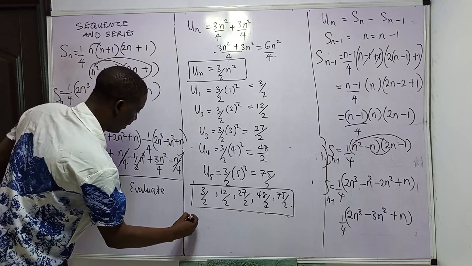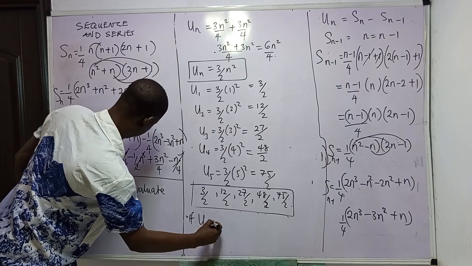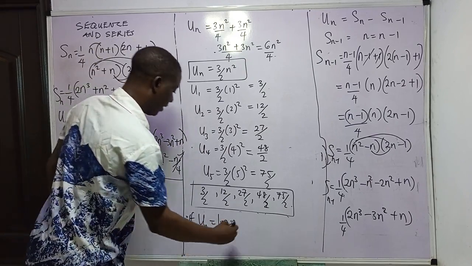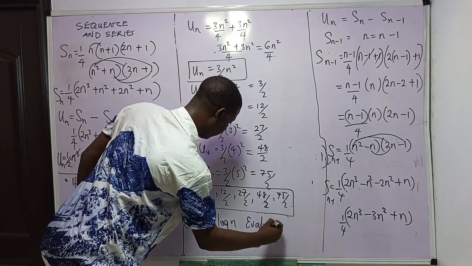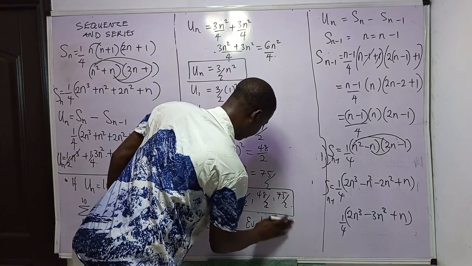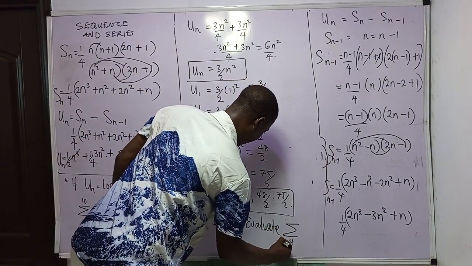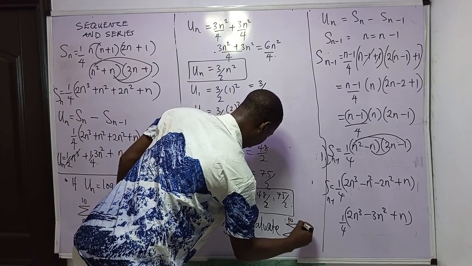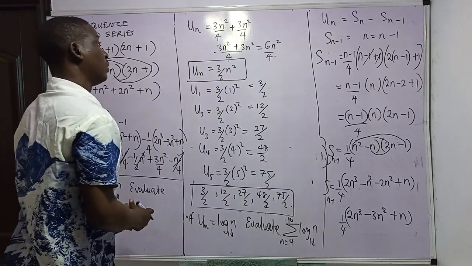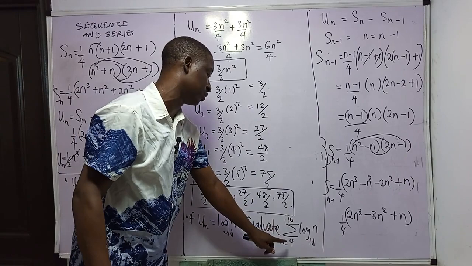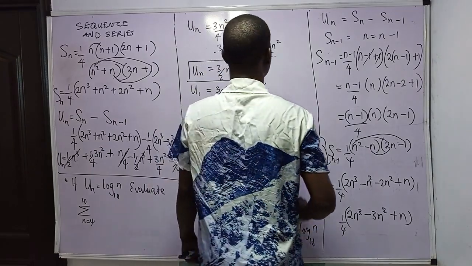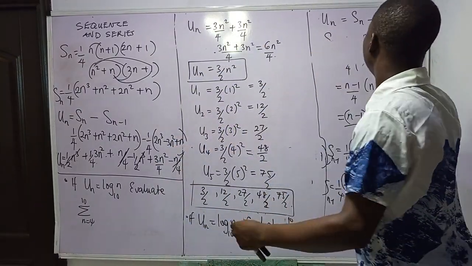He said evaluate the sum of log to base 10 of n, from 4 to 10. So what I want to do now is evaluate the sum of log to base 10 of n from 4 to 10.